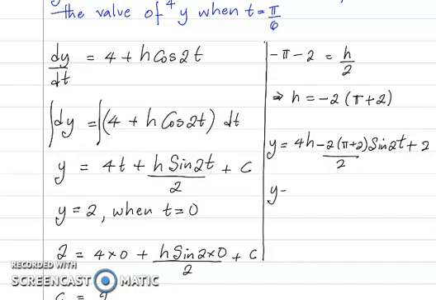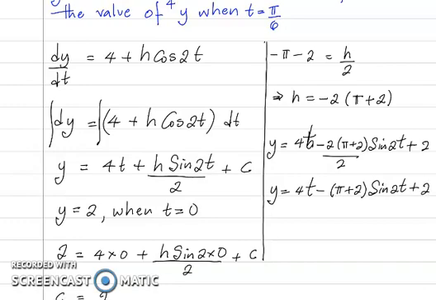So y is equal to 4t, not 4h, this should be 4t, minus pi plus 2 sine of 2t plus 2.